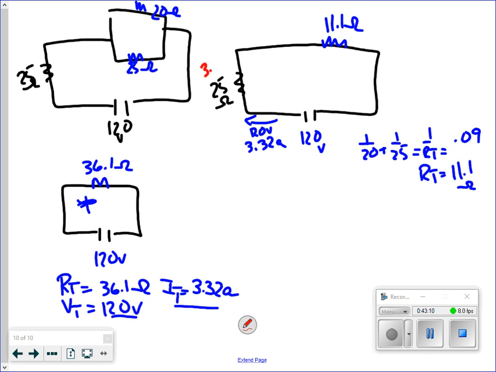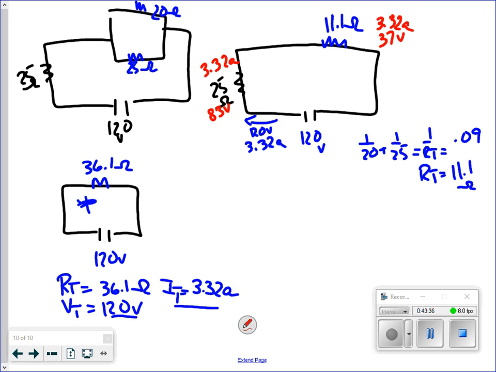So I'm going to label these. And now I'm going to solve for the missing piece, right? If I multiply 25 times 3.32, I get 83 volts. And if I take 11.1 times 3.32, I get roughly 37 volts.